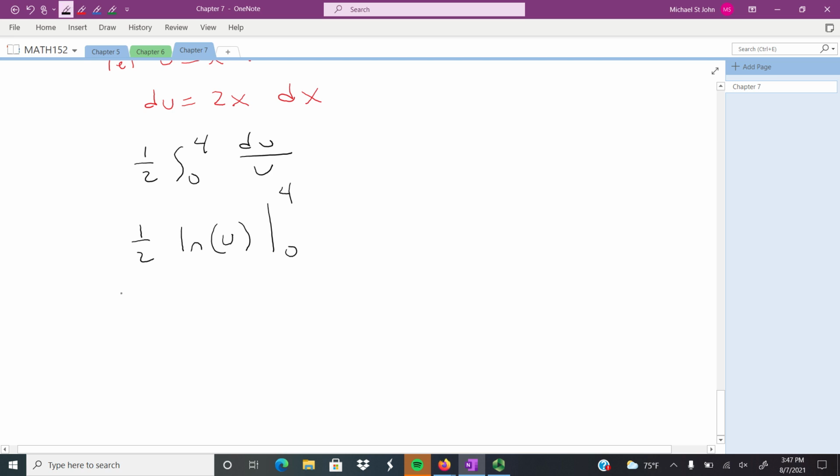And so this will be 1/2 the natural log of 4 squared plus 9 minus the natural log of 0 squared plus 9.